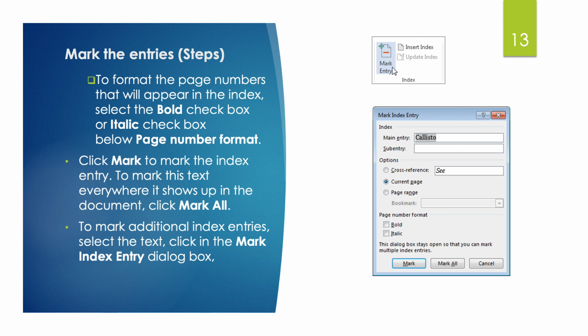To format the page numbers that will appear in the index, select the bold checkbox or italic checkbox below the page number format. Click Mark to mark the index entry. To mark this text everywhere it shows up in the document, click on Mark All. To mark additional index entries, select the text, then click in the Mark Index Entry dialog box.